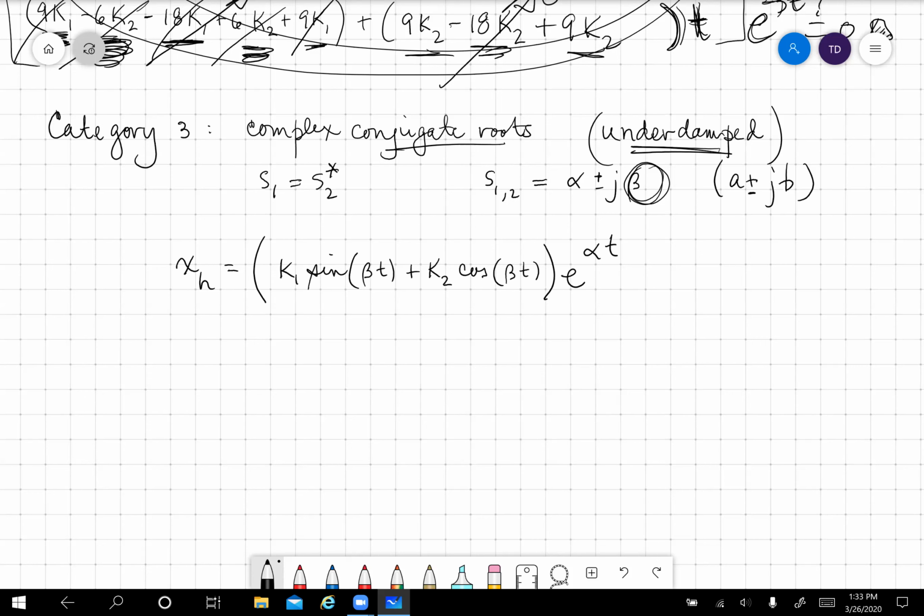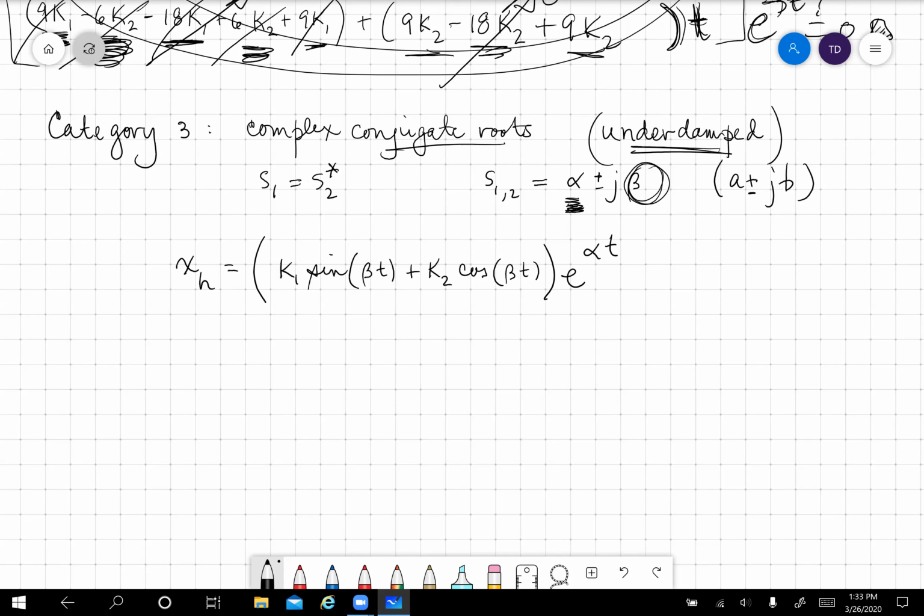Now remember, in general, alpha is going to be a negative number, because if it's not negative, this is going to give us an exponential growth. It's going to be an exponential decay from real circuits. It's going to be a negative number.